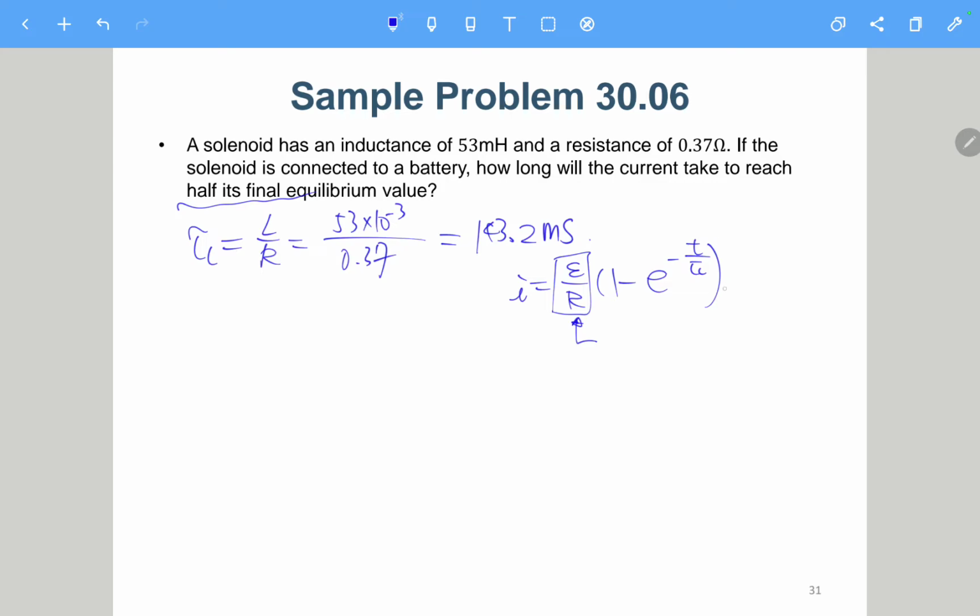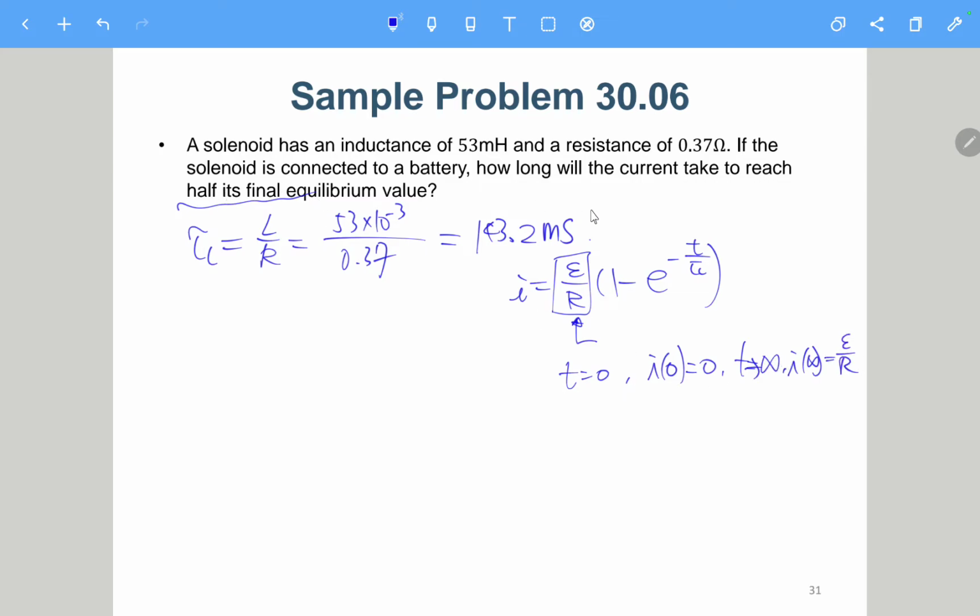At the very beginning, when t equals 0, e to the 0 is 1, so 1 minus 1 is 0, which means I, when t equals 0, is nothing but 0. And when t tends to infinity, I infinity is E over R.